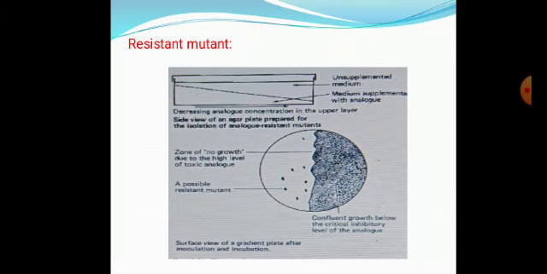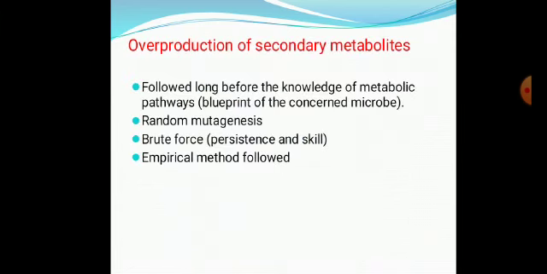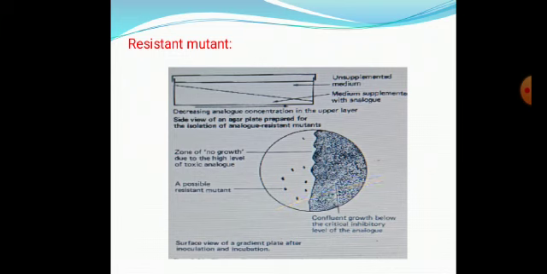Such organisms will be naturally resistant to lysine also, because lysine and AEC are analogs of each other. If they are resistant to AEC, they are resistant to feedback control by lysine also. So such mutants are called resistant mutants, and this is how we use the technique to isolate resistant mutants, and this is how we produce lysine in excess.